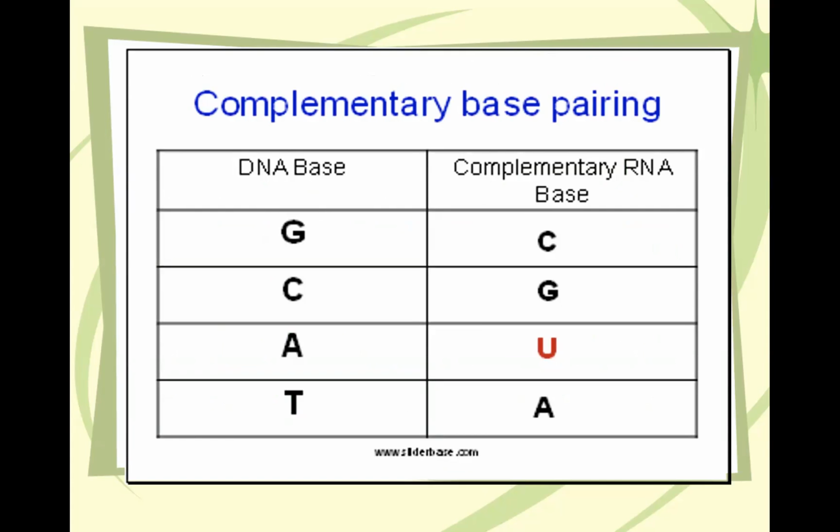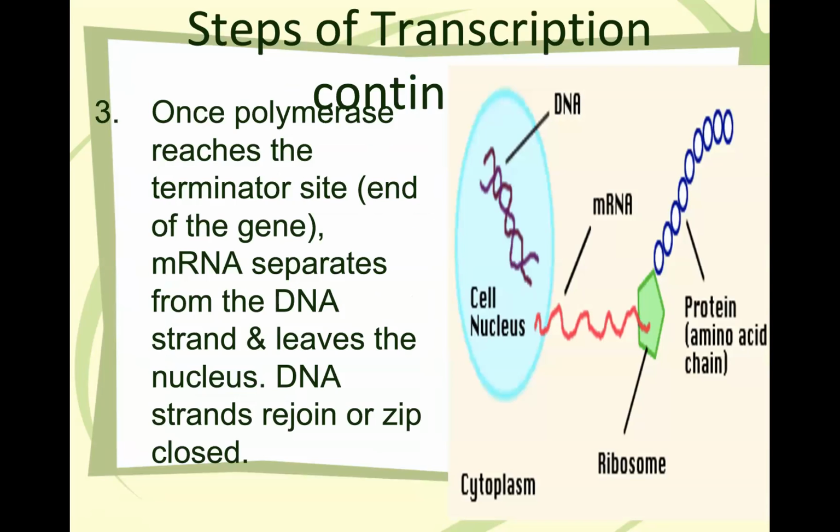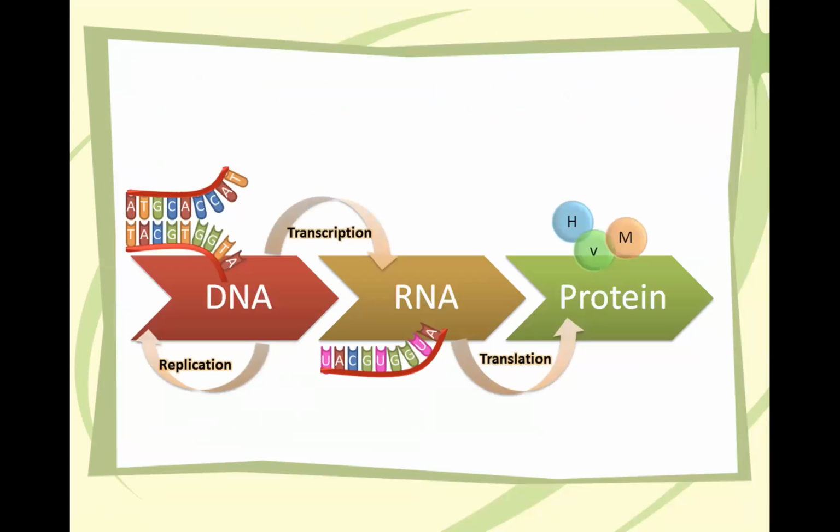G pairs with C, C pairs with G, A pairs with U when we're generating RNA, and T pairs with A. So DNA bases, we have our A, T, Gs, and Cs. When we're generating our messenger RNA, A will be pairing with U in our newly synthesized messenger RNA. So we're clear about what happens with transcription. DNA is transcribed into RNA.